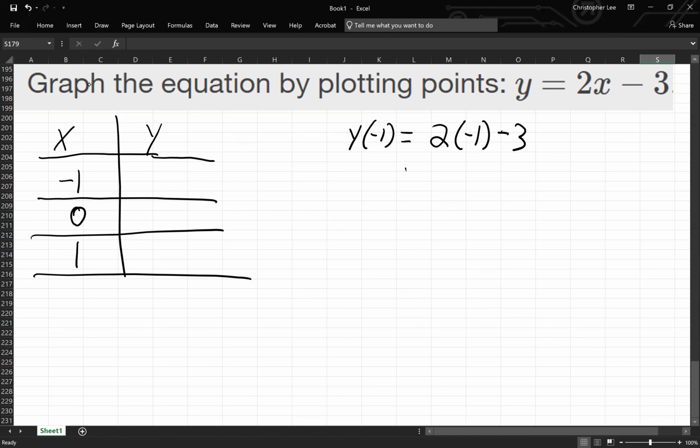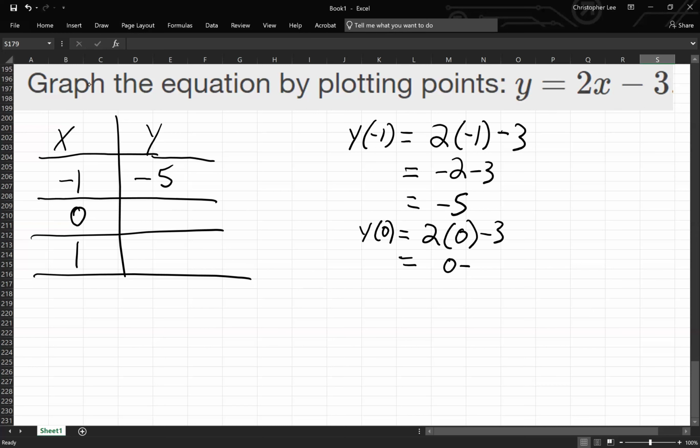So then this is what? -2 minus 3, which is what? -5. That's it. All right. How about y of 0? That becomes 2 times 0 minus 3, which is what? 0 minus 3 is -3. Perfect.